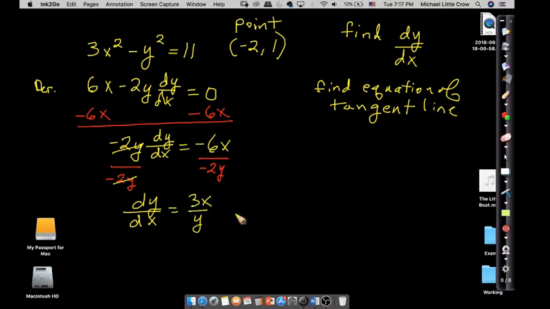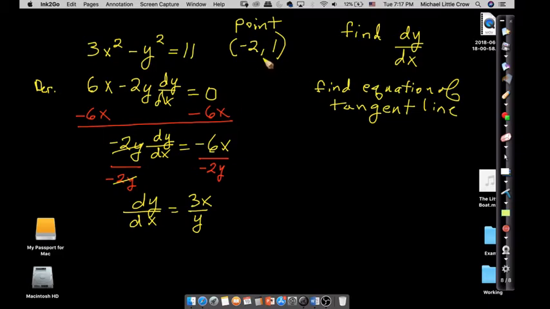Now, what is dy dx? What is a derivative? It's the slope of the tangent line. Okay, so that's what we found. Dy dx is a formula for the slope. So we just have to remember what we've got is a slope. It's a rate of change.